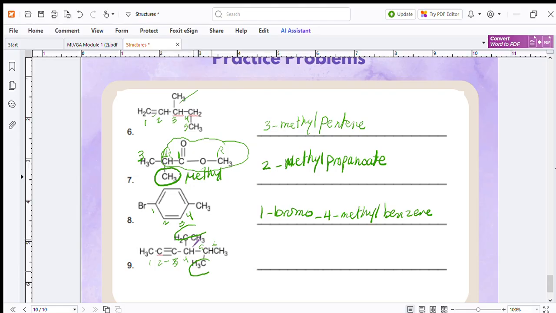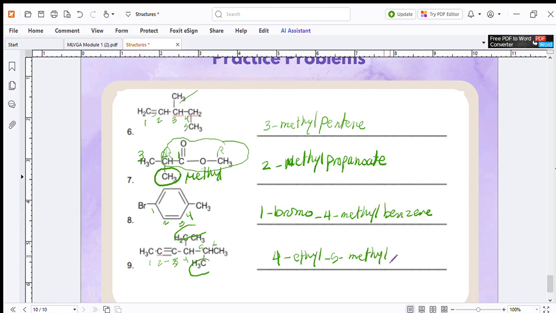So ang dito is ethyl, dito naman is methyl. So ito po ay sa number 4, ito naman ay sa number 5. So of course we'll start with the alphabetical order. So ethyl or methyl. So let's start with ethyl. So sabihin natin 4-ethyl, then 5-methyl, kasi sa number 5 po siya.